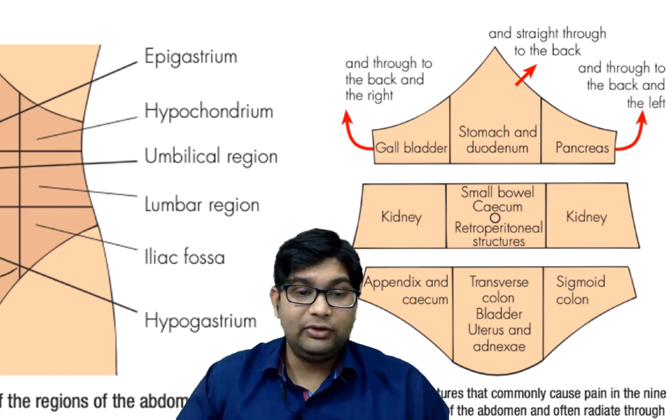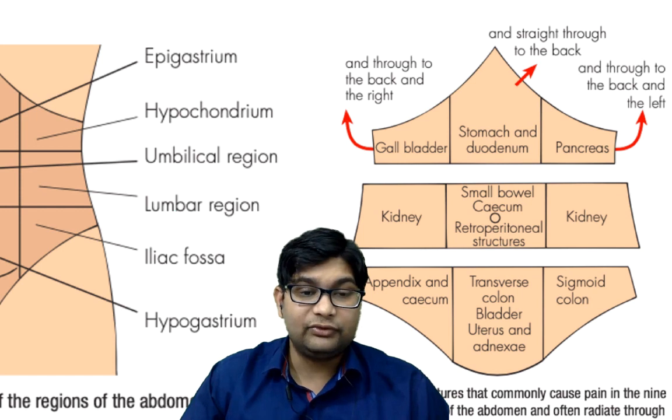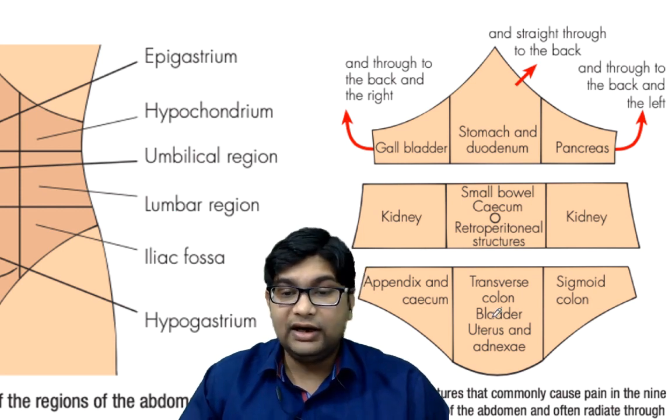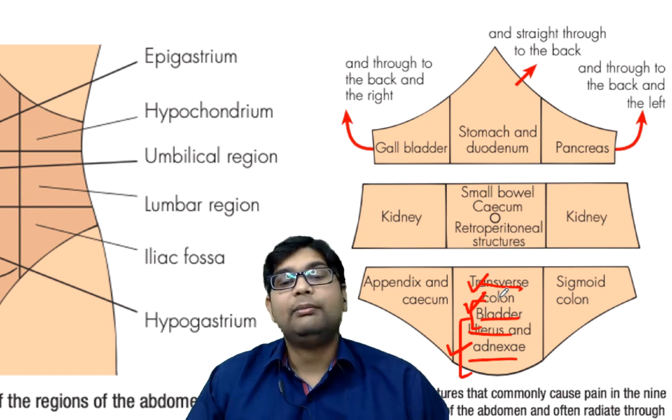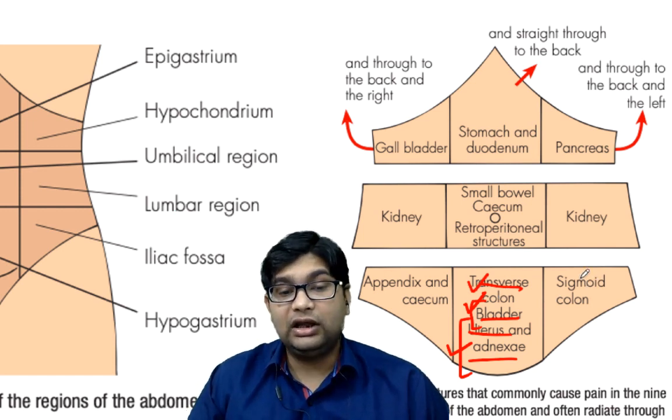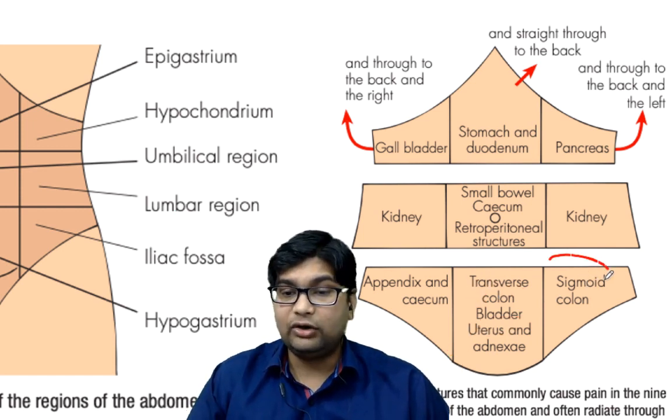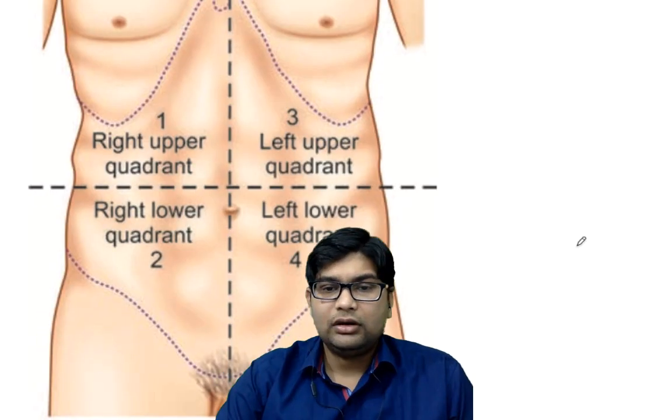If there is a problem in the hypogastrium, think of pelvic organs like the bladder, uterus, or adnexa. In females, uterus and adnexa. In both sexes, bladder or transverse colon pathology may be lying there. In the left iliac fossa, sigmoid colon pathology may be lying there.